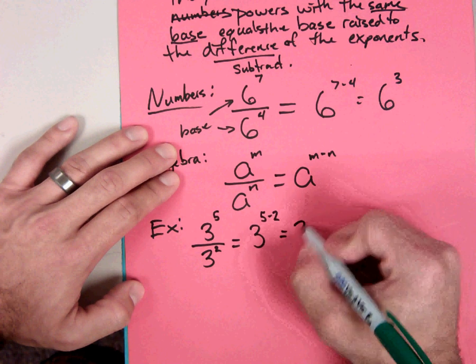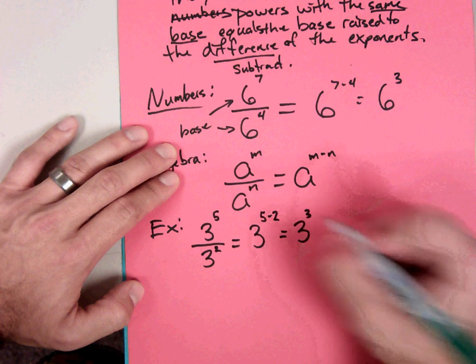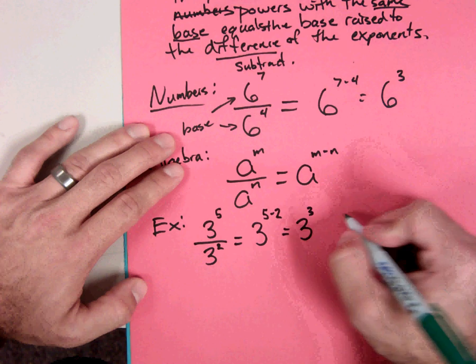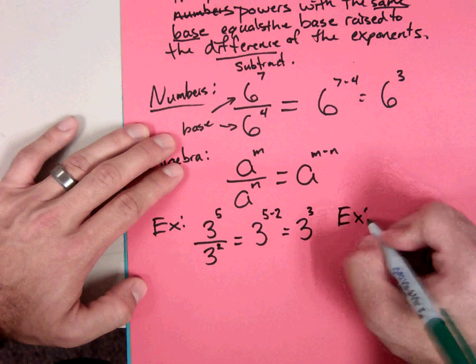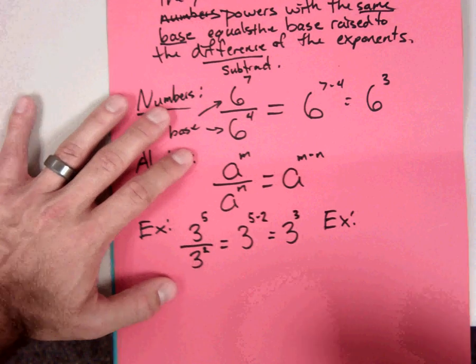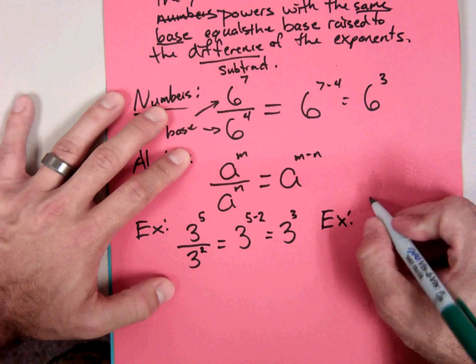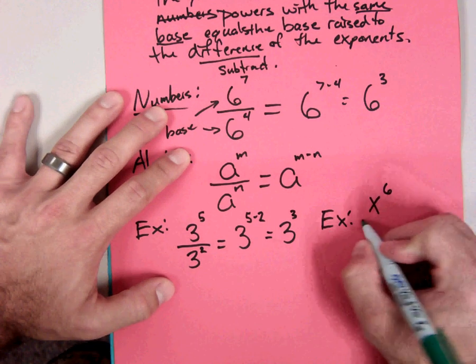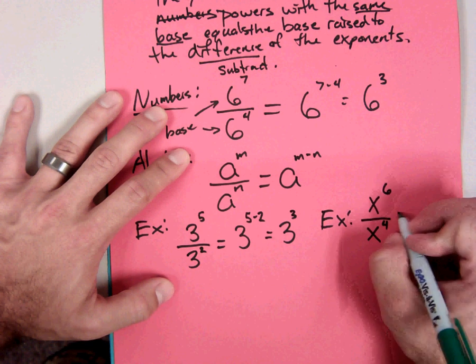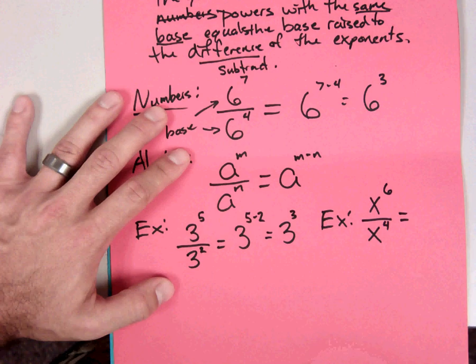So that should be equal to 3 to the 3rd. All right, now one for you. And I'll have you do it with variables. Let's say you have x to the 6th divided by x to the 4th. You give that one a try.